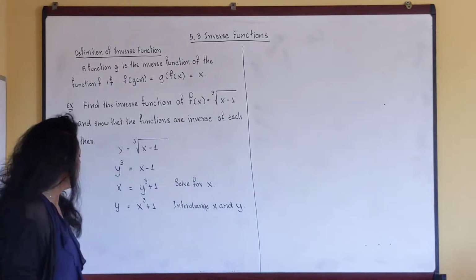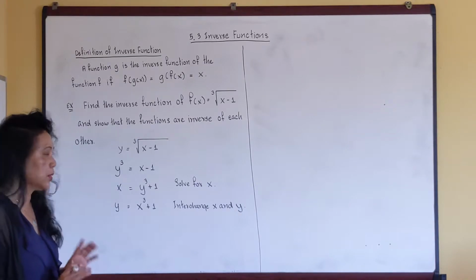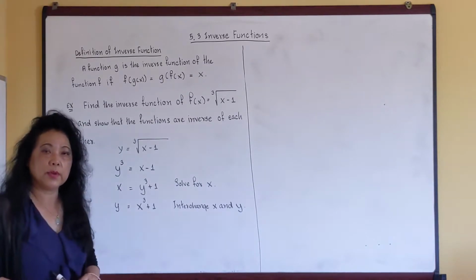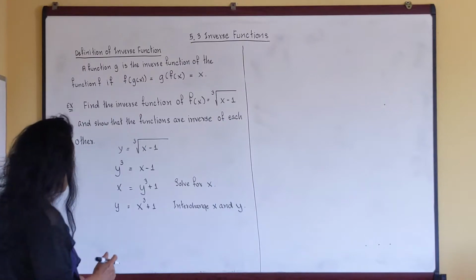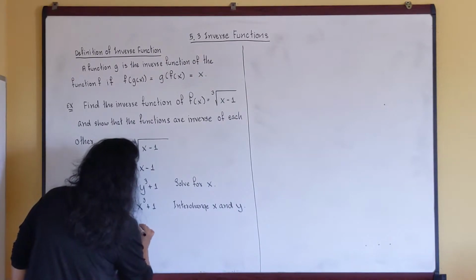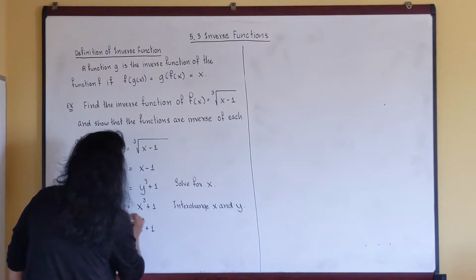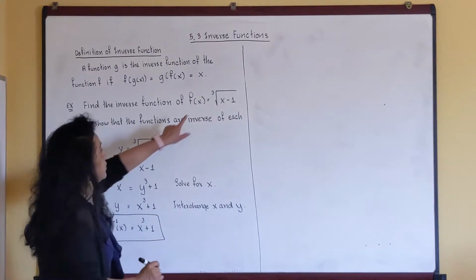Alright. Next step you're going to solve for y, but it already has y by itself, so I don't have to do anything. But if you don't have y by itself, you will solve for y, and then you would write this as the inverse function. So this is my inverse function of f of x.